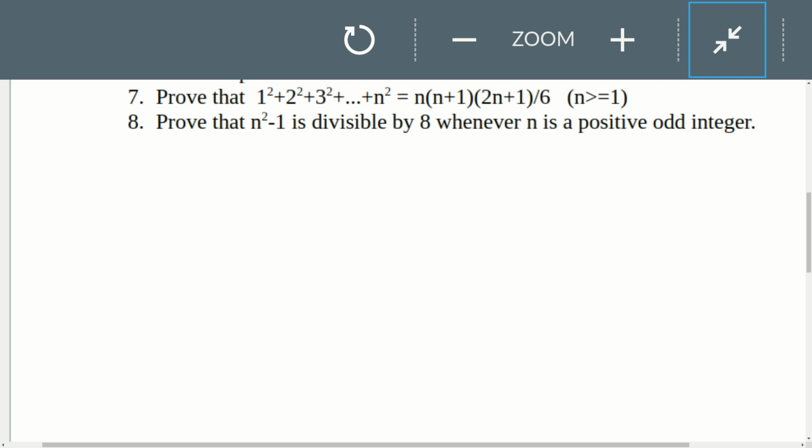Obvious is 1, right? Right, so you know that's true. Which is 2 times n squared plus 2.